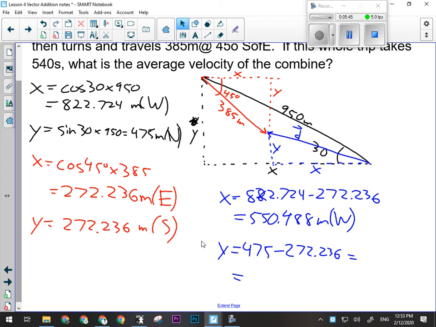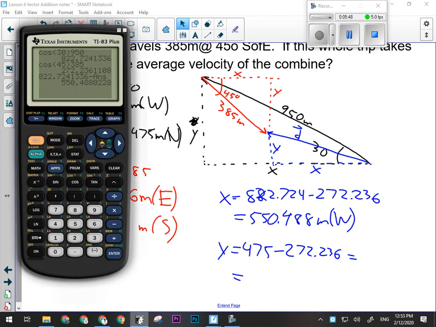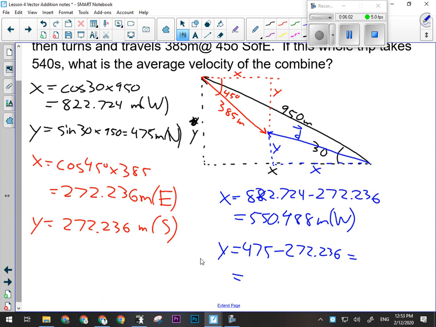Okay, and then for our y, we're going to have our 475 minus 272.236, 1108. All right, so that's going to be 202.764 meters, and that is north.